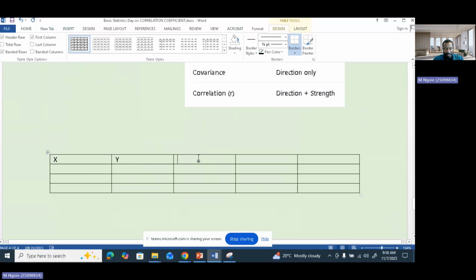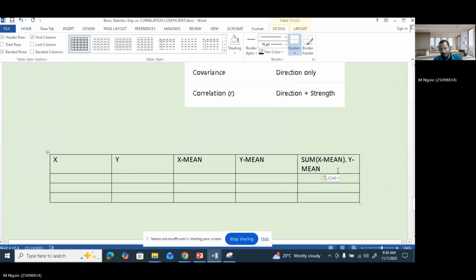There we're going to find your x minus the mean, and y minus the mean, and here we're going to find the sum of this one times this one, right?